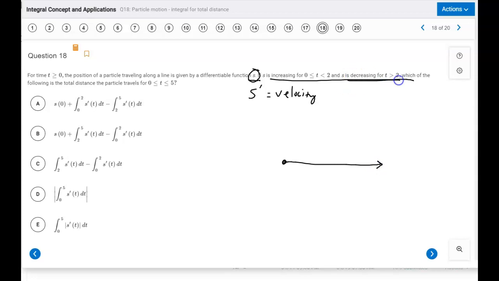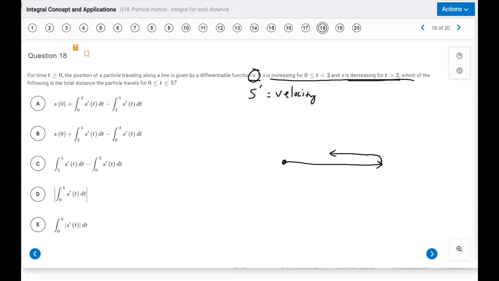And for all time values past 2, the particle's position starts to decrease, so the particle actually starts going backwards. That could matter depending on the way they set up the question, but for this one, it actually doesn't matter. Let's read on and see what else we can find.